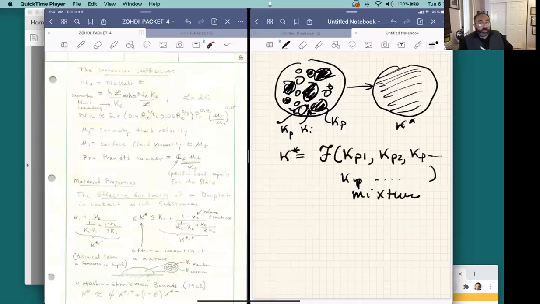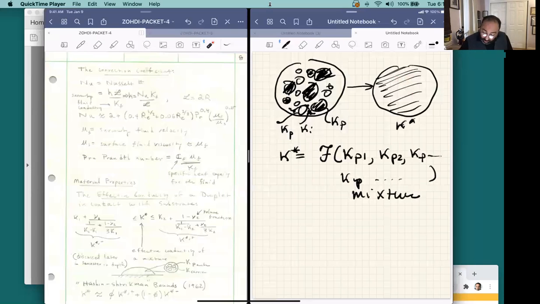Mixture rules take all of the mess comprising an object and come up with rules that tell you what the effective media are. We're going to spend a lot of time on that towards the middle of the semester, because it's an important and essential piece of understanding how the properties of materials change as a function of their composition.